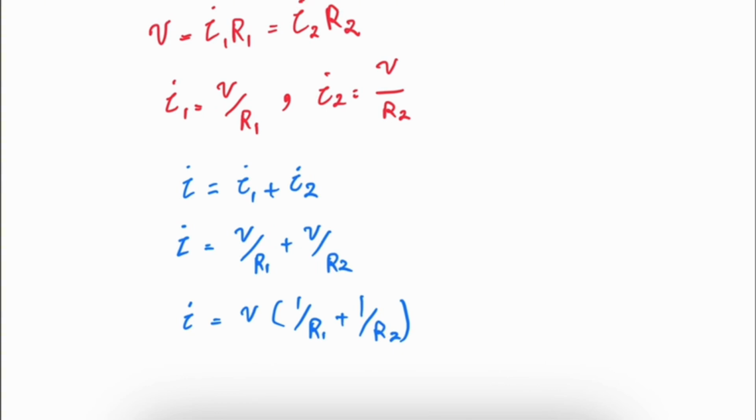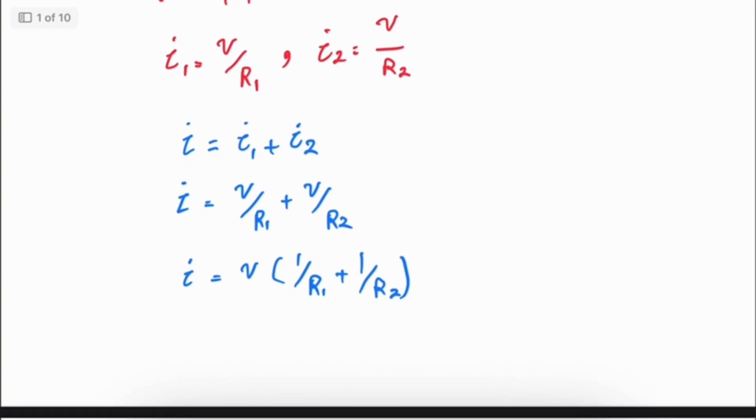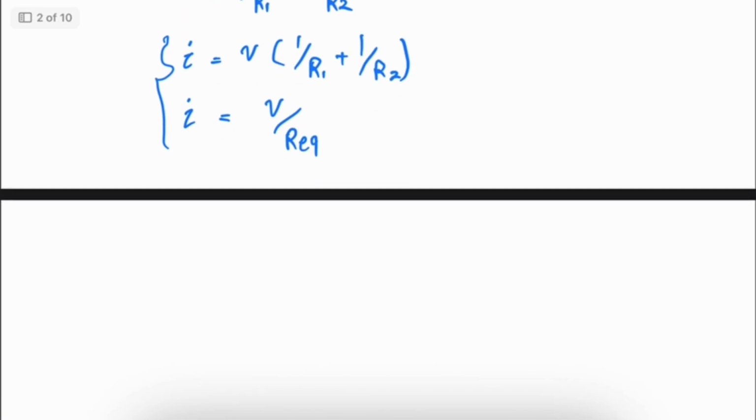So this also can be written as I is equal to V over R equivalent. So if we compare these two, we can say 1 over R equivalent is equal to 1 over R1 plus 1 over R2.